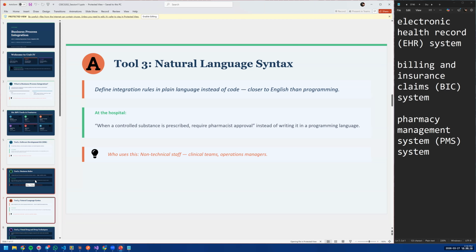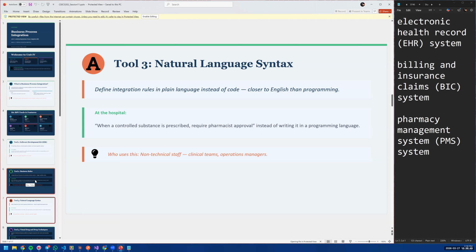We want people who are not technical to be able to determine what the business rules are, like your clinical staff, operations managers, and business analysts, who understand the business process but don't write code. The natural language syntax lets them participate in defining how integrations work.